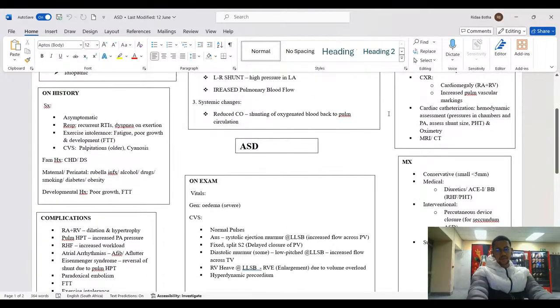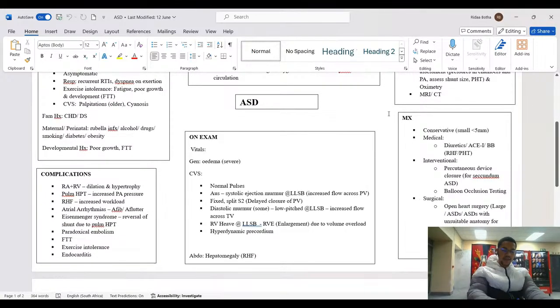Management includes conservative management if it's less than 5 millimeters. In terms of medical management, we have diuretics, ACE inhibitors, as well as beta blockers, all for that right heart failure.